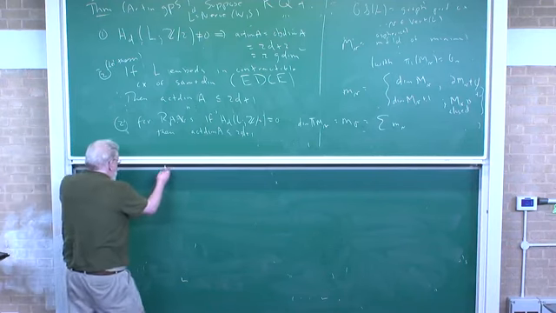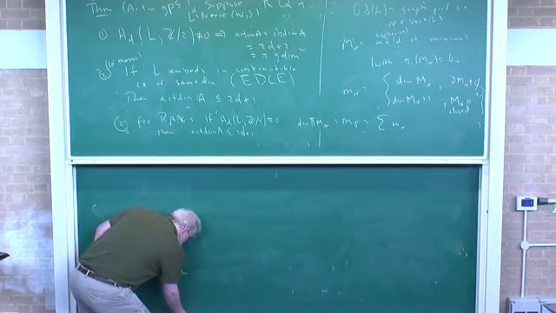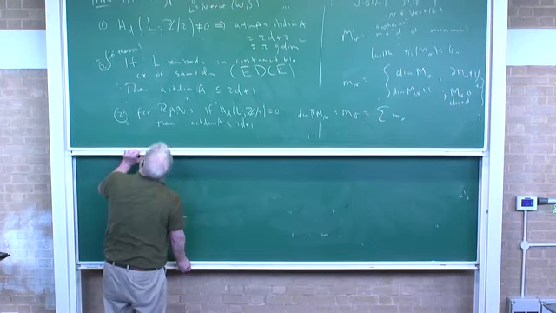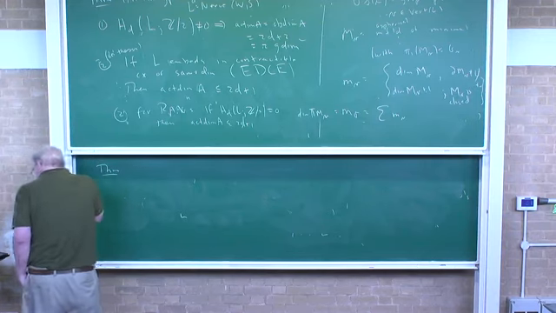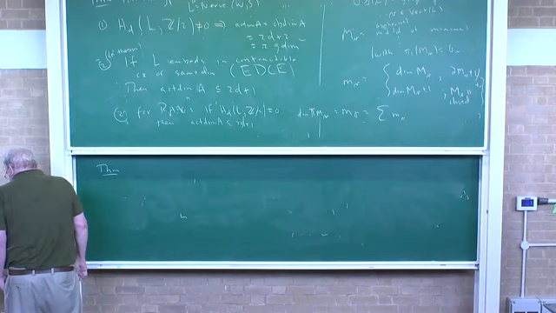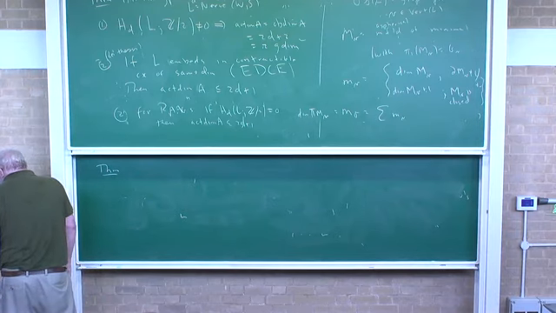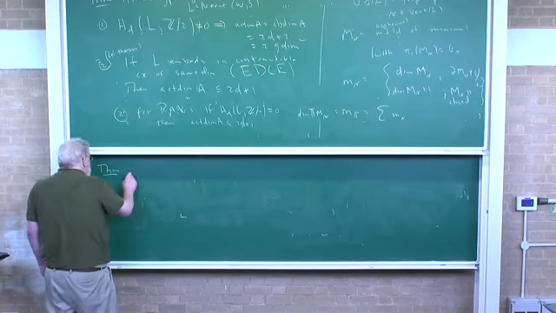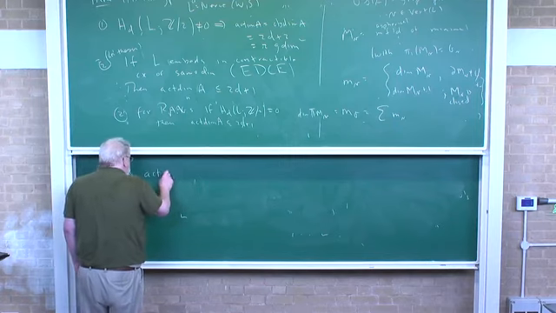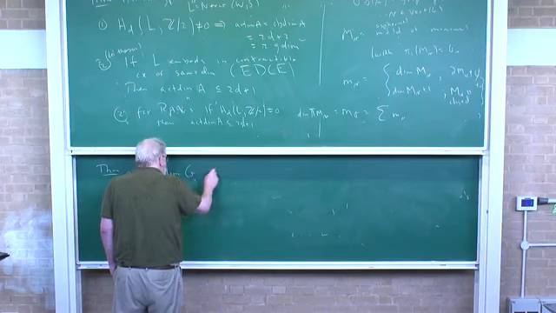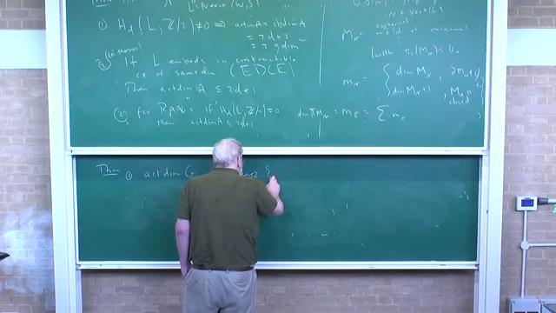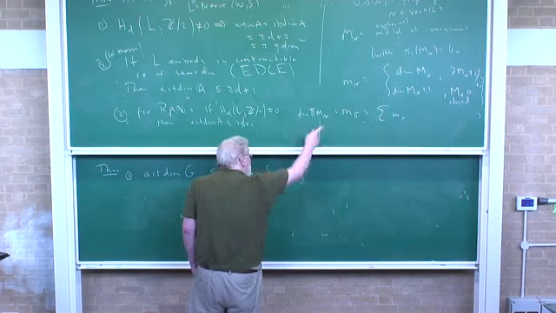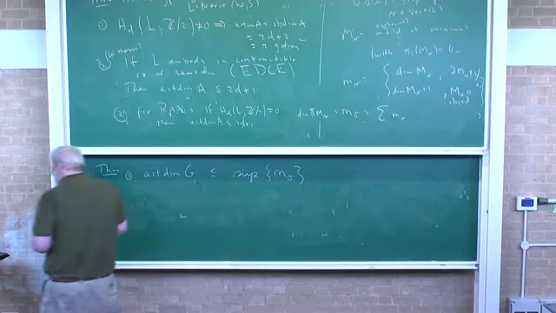Okay, so now what's the theorem for graph products? The general result is that the action dimension of this graph product is less than or equal to the largest of these M sigmas, the largest dimension of one of these products.